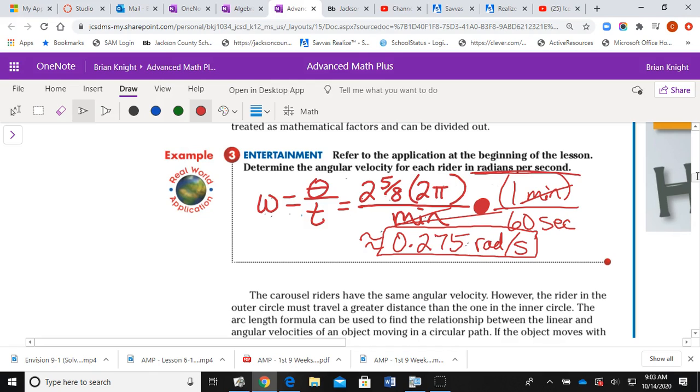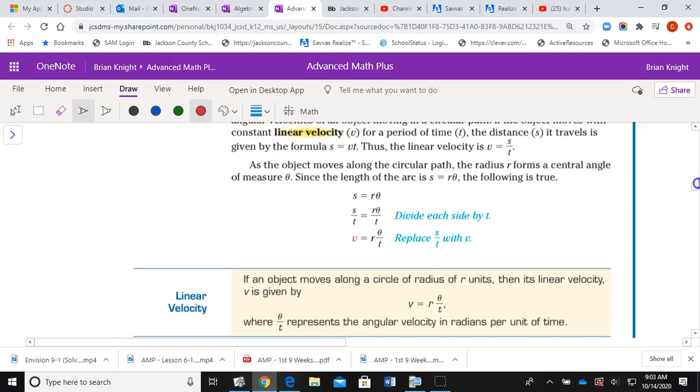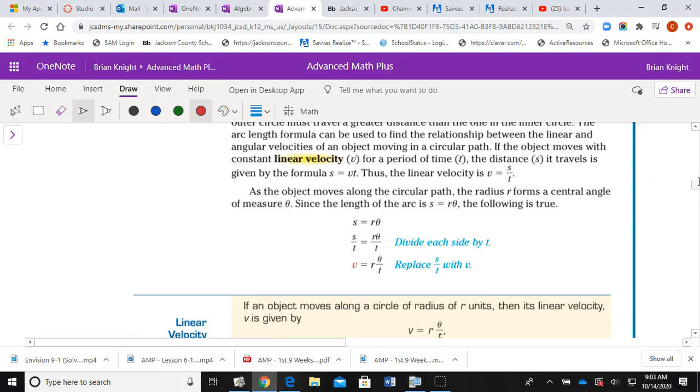Example 4, we are finding linear velocity. Linear velocity is S over T. Now, I don't know why they used S. It's distance, okay?